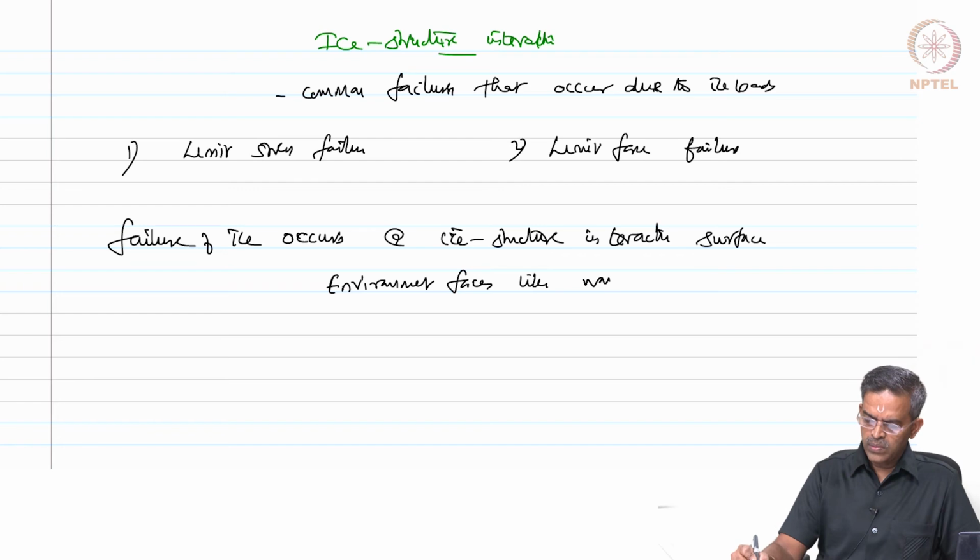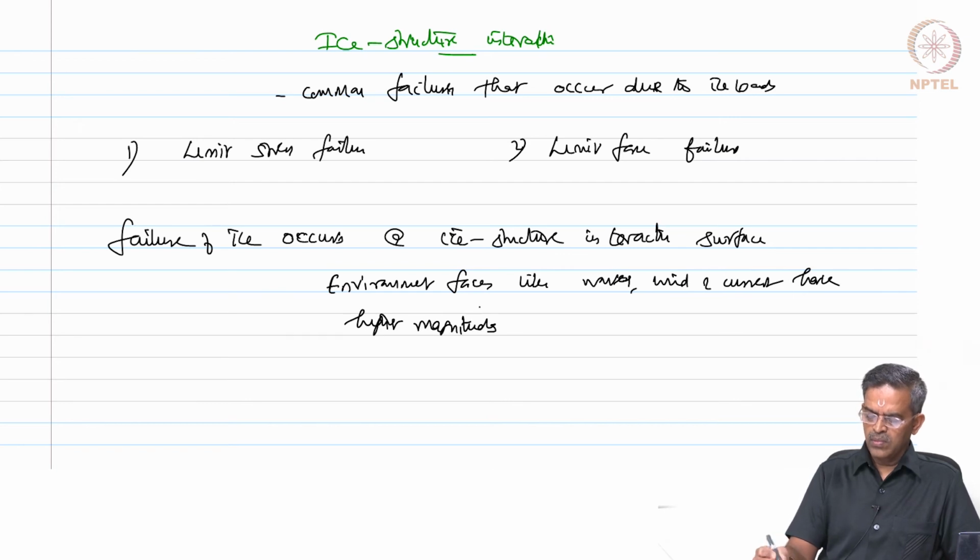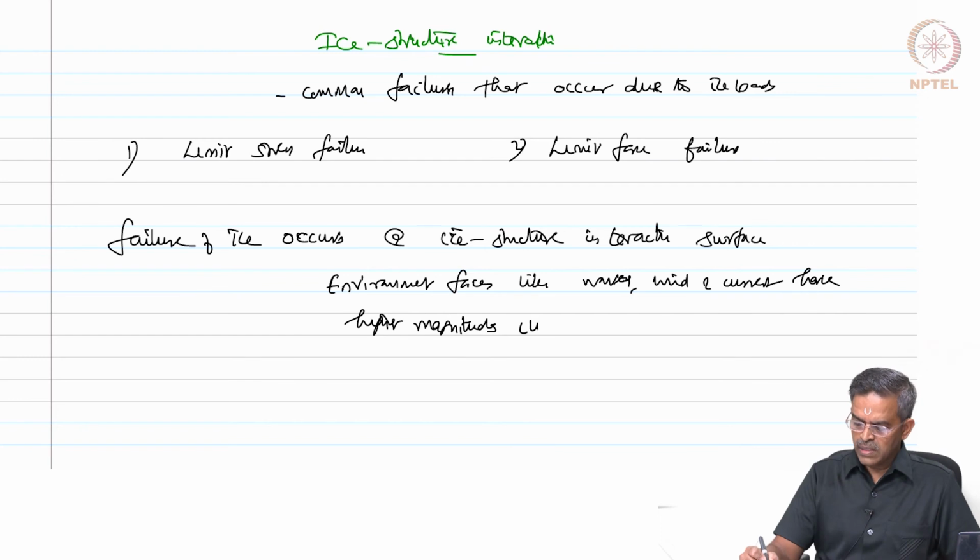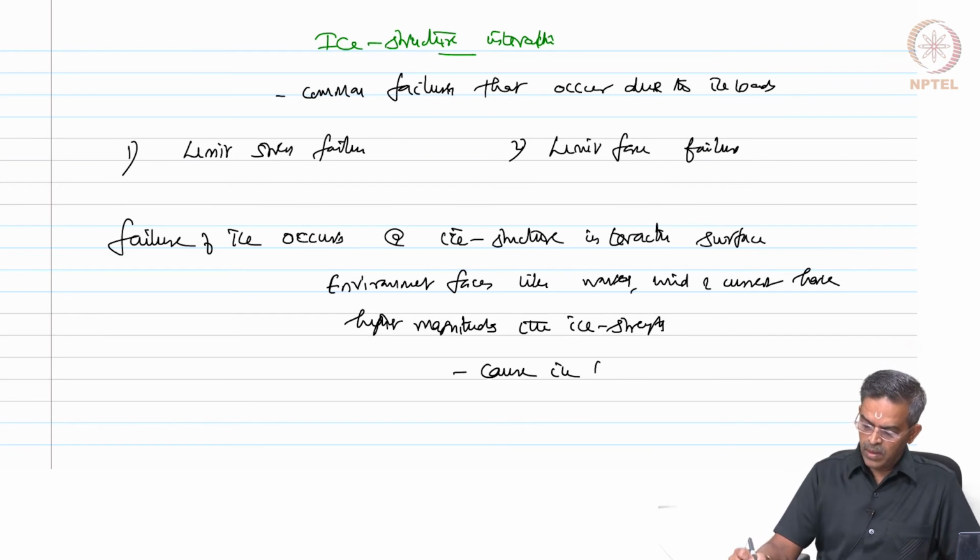Like waves, wind and current have higher magnitudes than the ice strength, which causes ice failure. Let us see what the common modes of ice failure are.